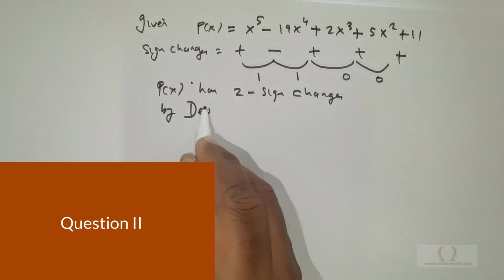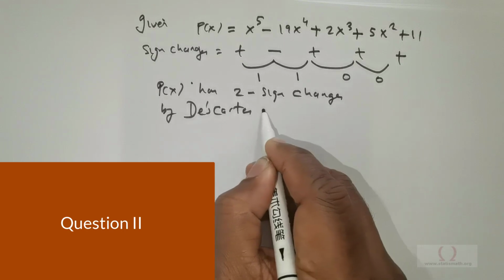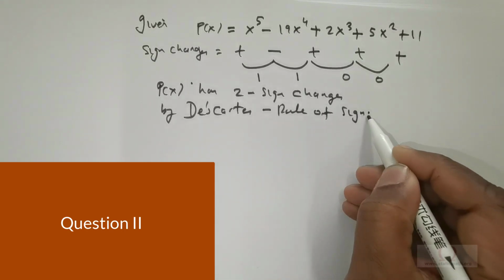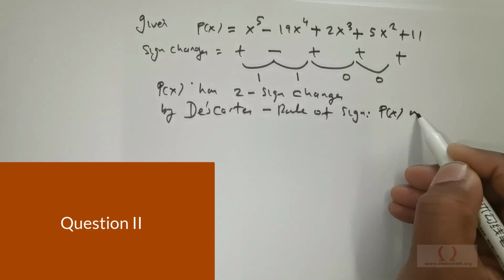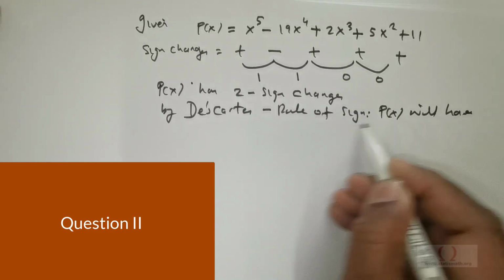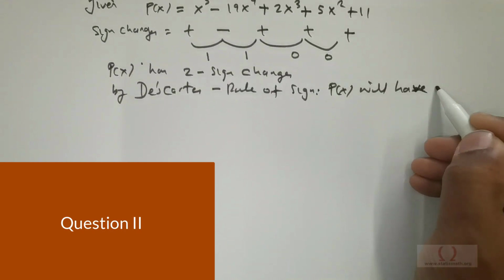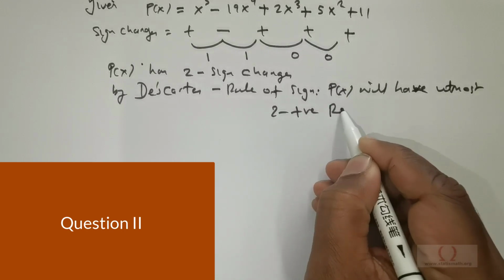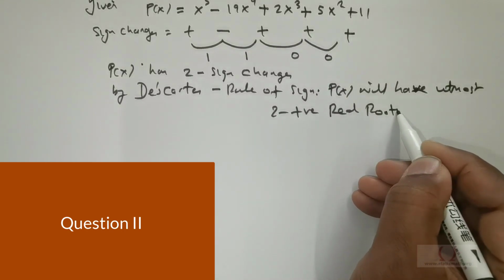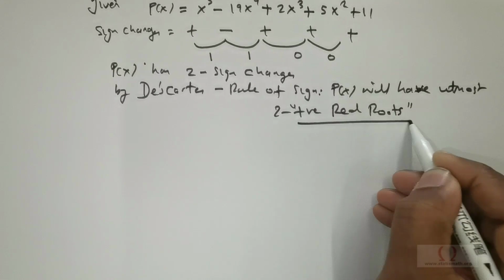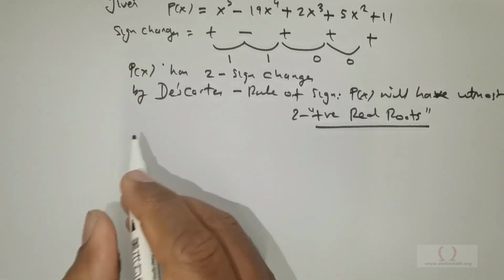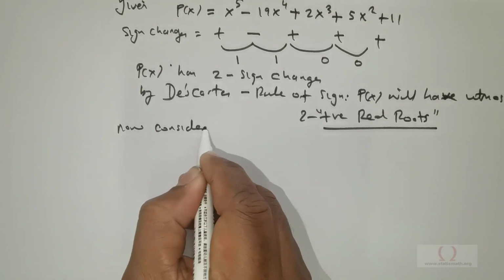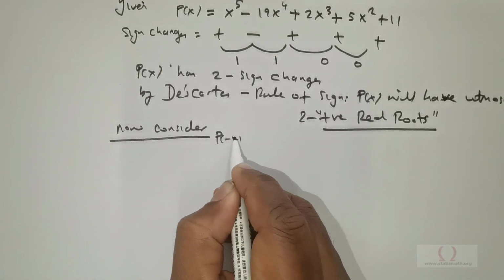By Descartes' rule of signs, p of x will have at most two positive real roots. Now consider p of negative x.